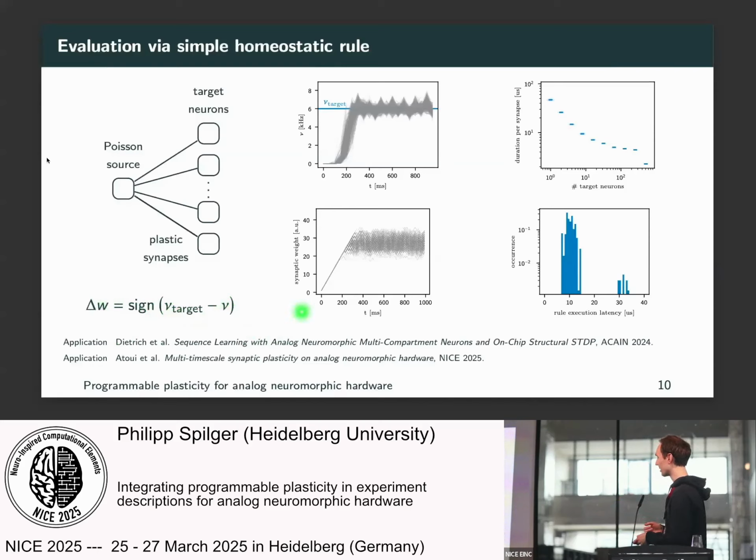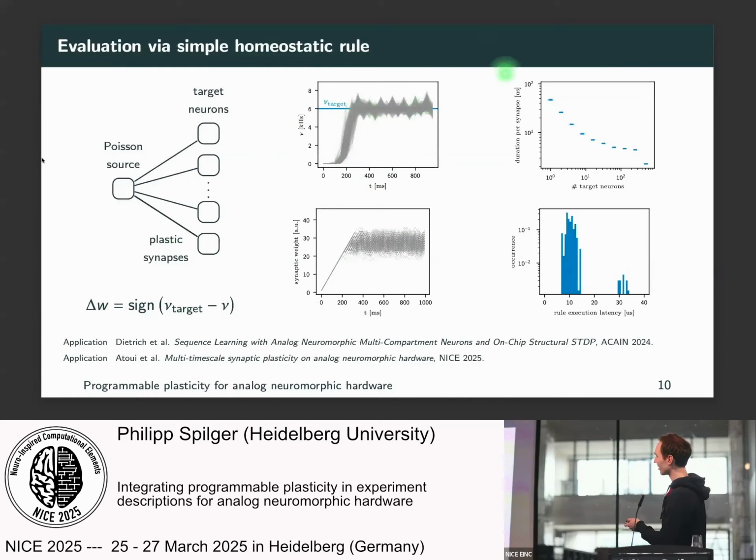So in the middle, you also see this in the weight evolution, that they flicker around with plus minus one and eventually converge to some value. And on the top, you see that all neurons, which are in this case all 512 neurons on one chip, converge to the proposed target firing rate.